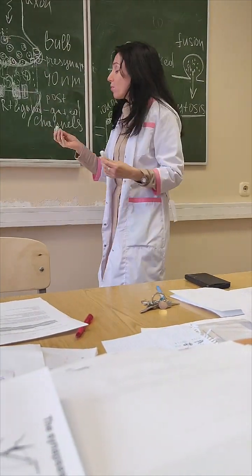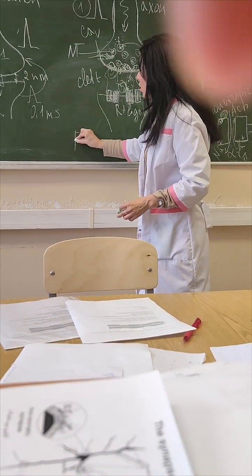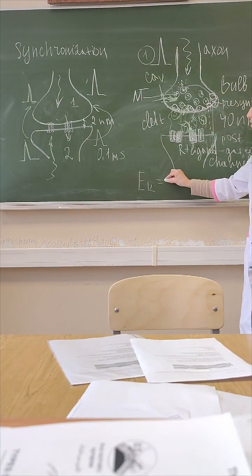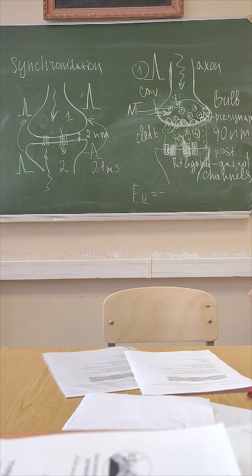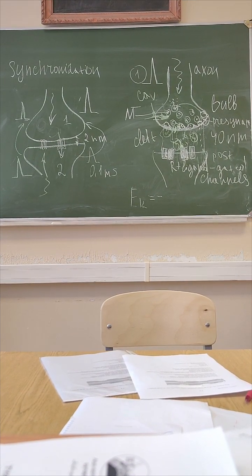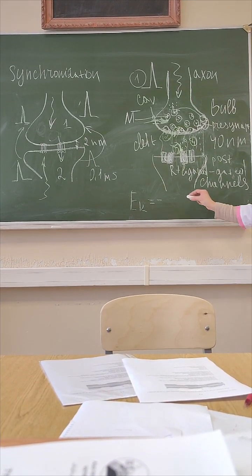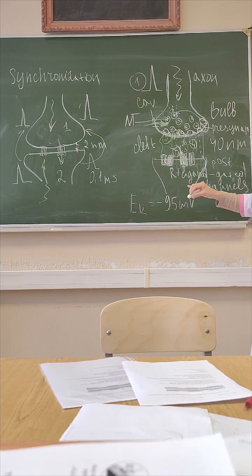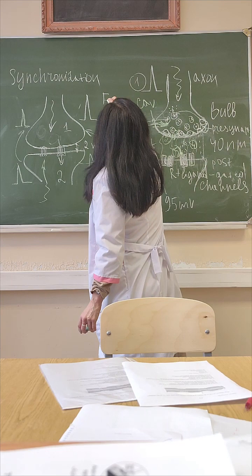Recall from the previous class, what is the equilibrium potential for potassium? How many millivolts? Minus 90, about minus 95. What is the equilibrium potential for sodium?